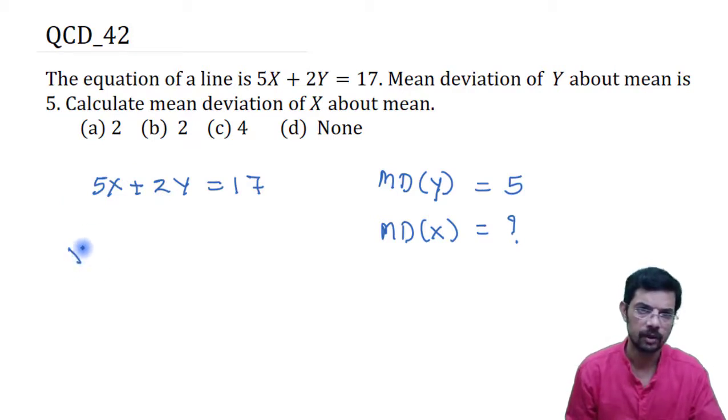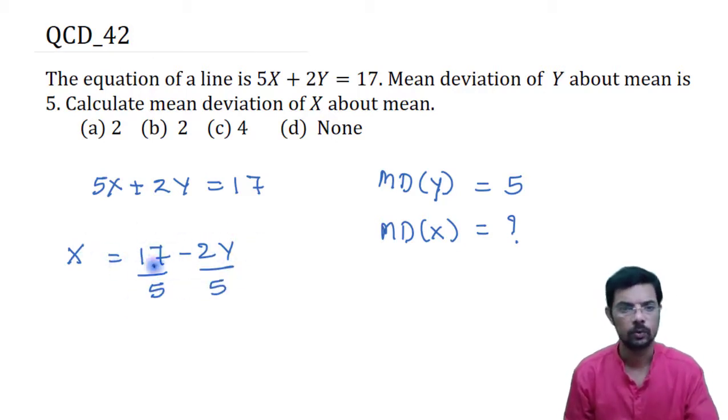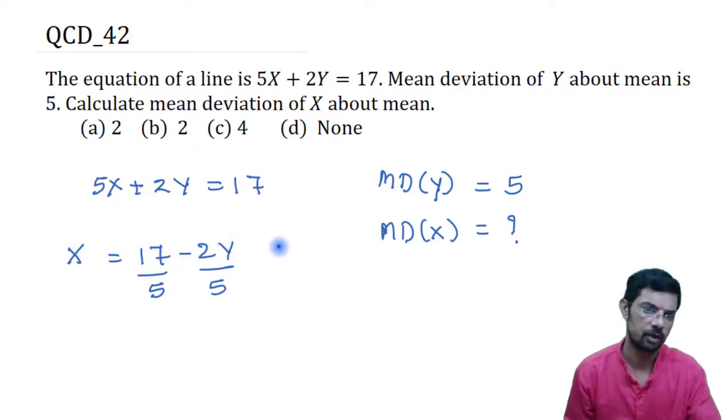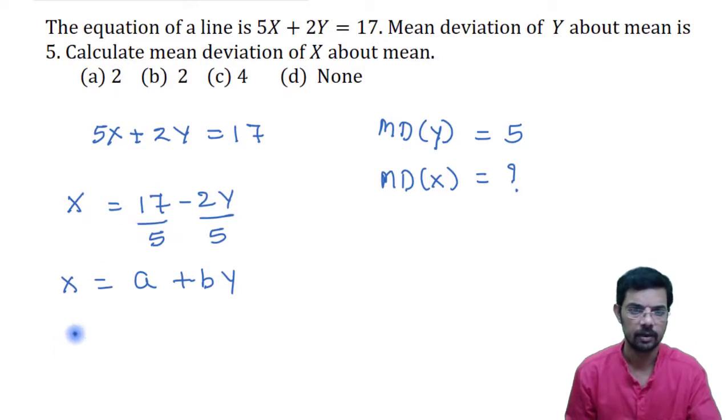We can modify this as x is equal to 17 minus 2y, the whole divided by 5. That can be split into 2 parts. So here x is equal to a plus b y form. Here a will be equal to 17 by 5 and b will be equal to minus 2 by 5.